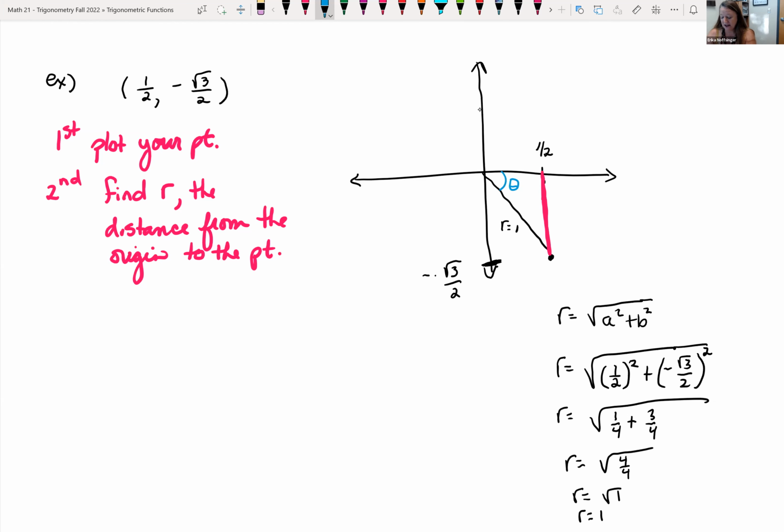Our opposite side is √3/2. I'm going to keep it positive because distance is positive. And my x value is 1/2.